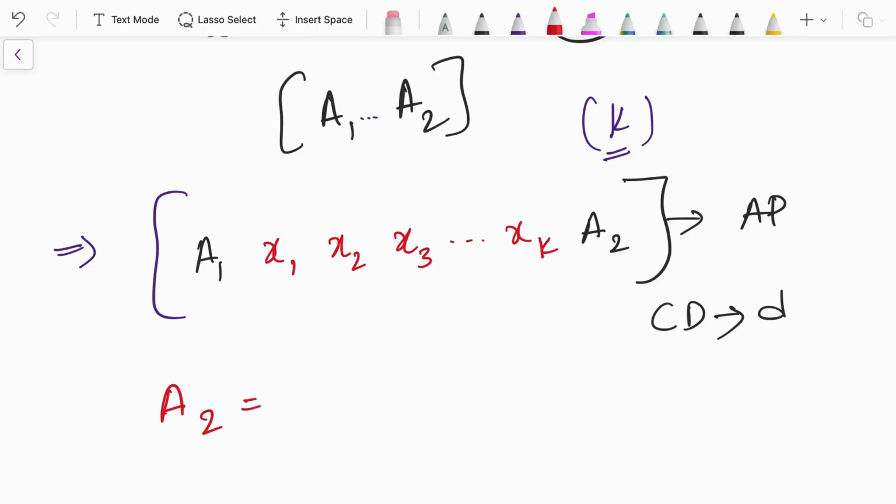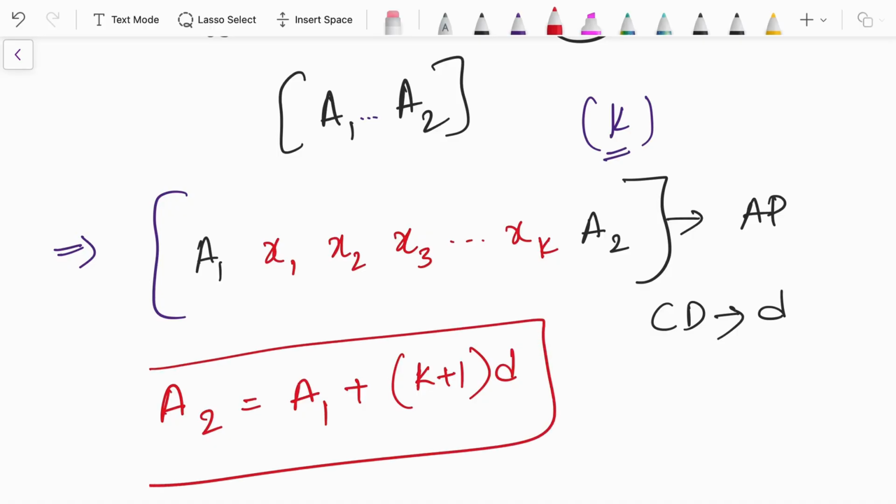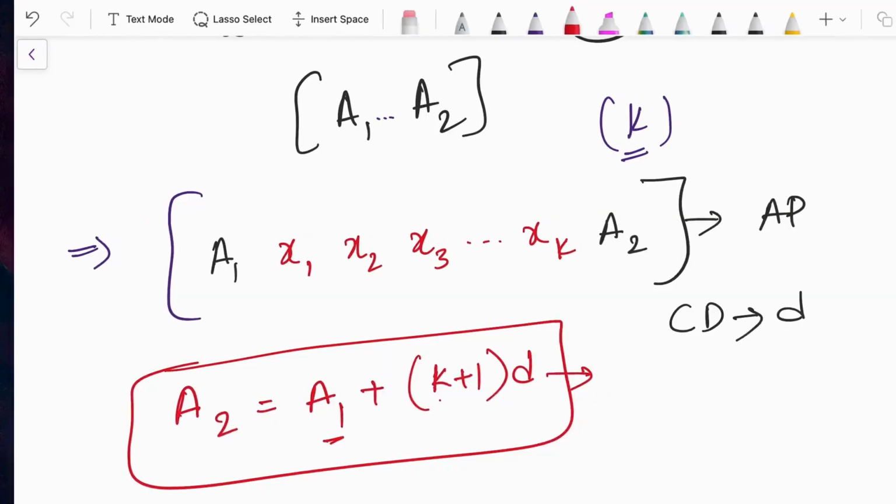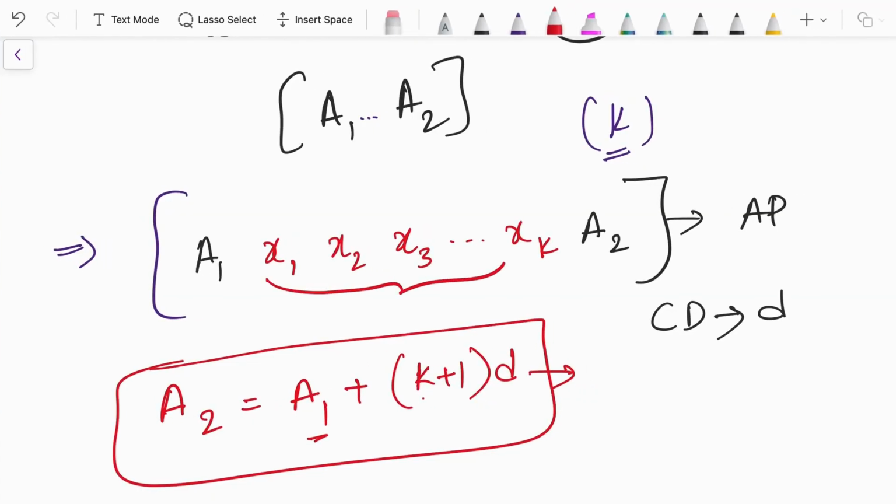A2 is equal to A1 plus (k plus 1) times D. A1 is the first element, D is the common difference, and k is the number of elements that we inserted in between. As we inserted k elements here, A2 is the (k plus 1)th element after A1, so we have taken k plus 1 here.